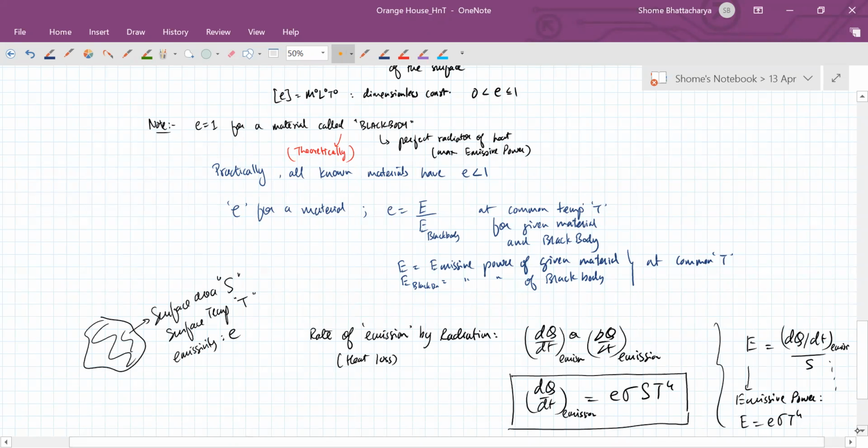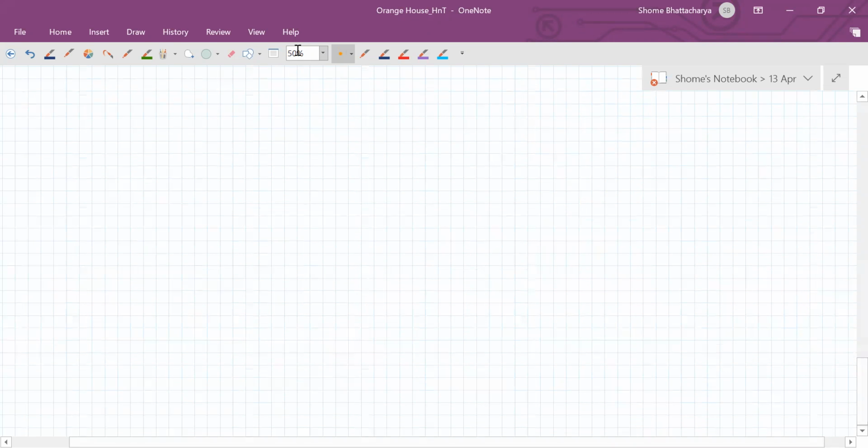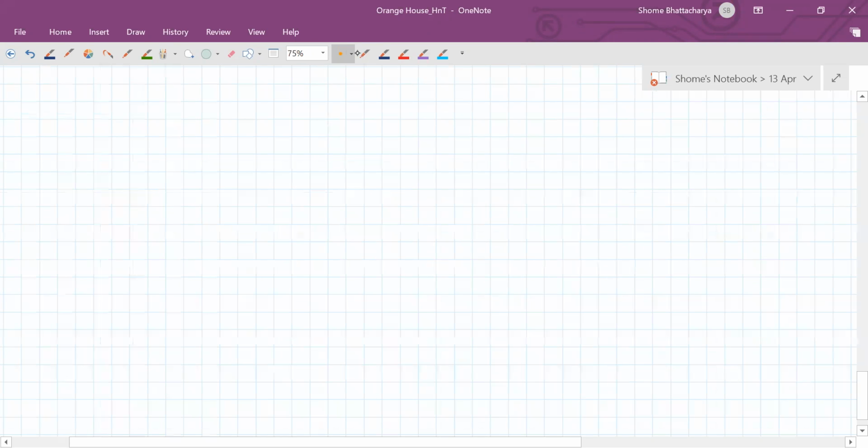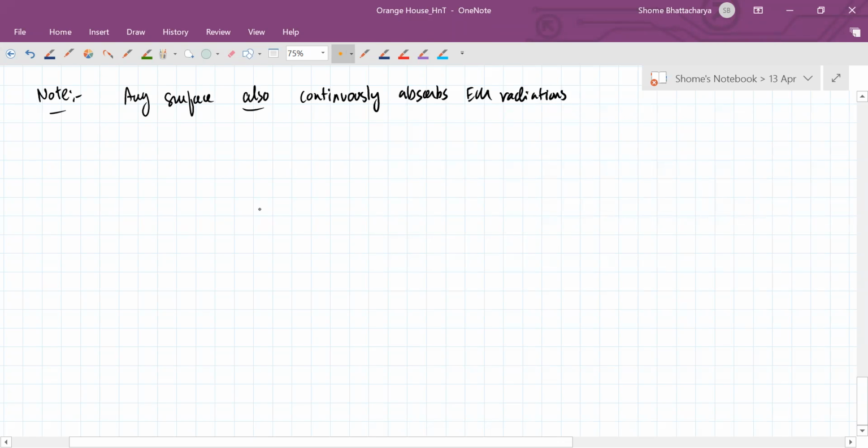Okay. Now, the other thing to understand is that any surface also continuously absorbs electromagnetic radiations. So it's a simultaneous process that happens, absorption and emission.